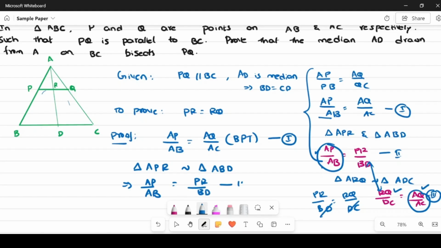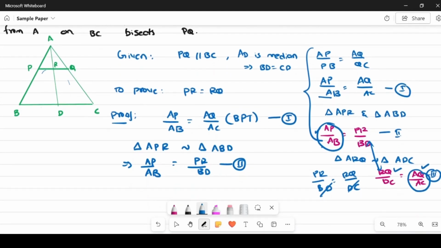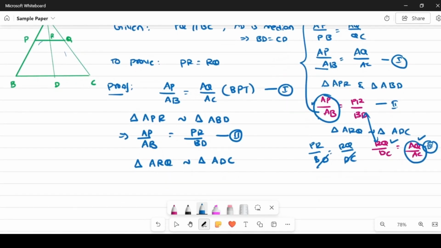Take this as the second relation. Similarly, triangle ARQ is similar to triangle ADC. So from this we can write the corresponding sides proportion: AQ by AC is equal to RQ by DC. Let us say this is relation 3.